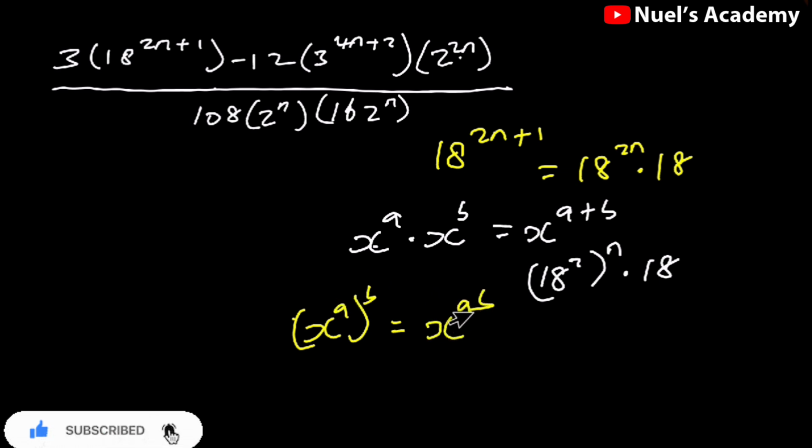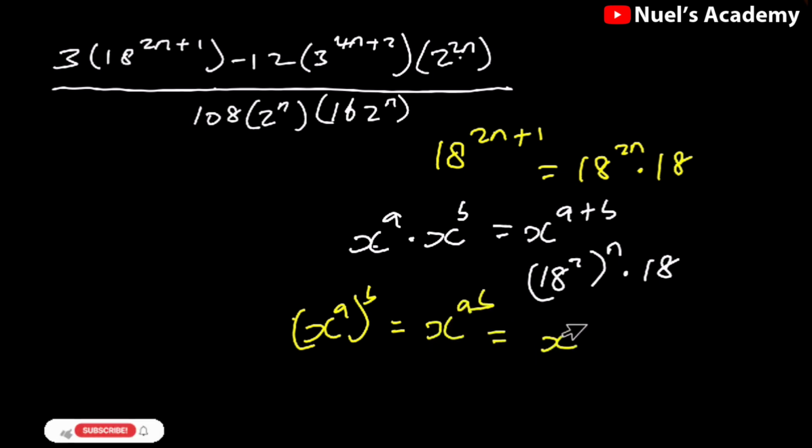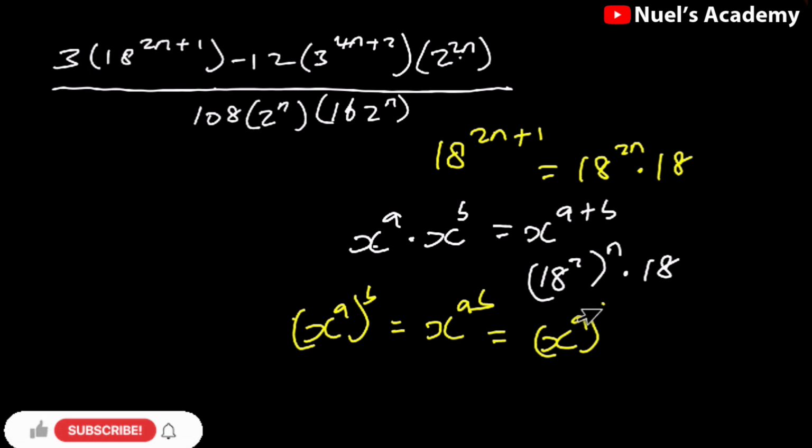Now this x raised to the power ab can also be written as x raised to the power a all raised to the power b, or x raised to the power b multiplied by a. So depending on the nature of the equation you are solving, any of these is correct.